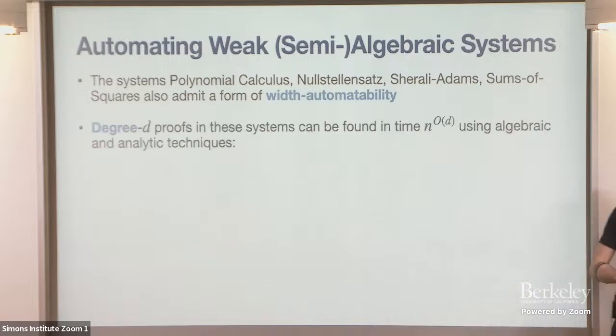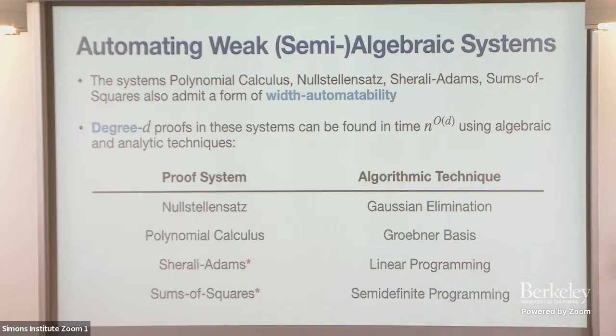The proofs in these algebraic proof systems are composed of algebraic expressions, so polynomial identities or inequalities. And it turns out that you can find degree D proofs in these systems in time roughly n to the D, just like in resolution, you could find width W proofs in time roughly n to the W. But you need more sophisticated techniques than just brute forcing, because I'm dealing with a richer set of lines in my proofs, right?